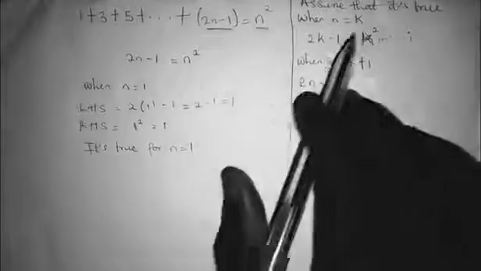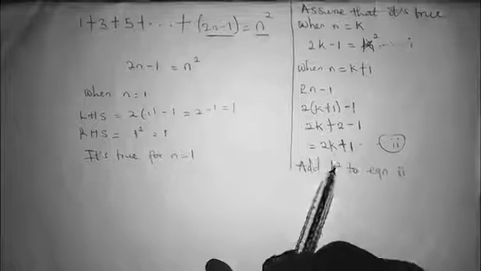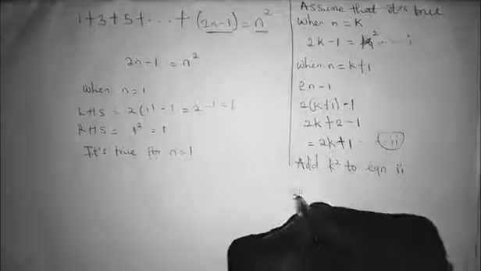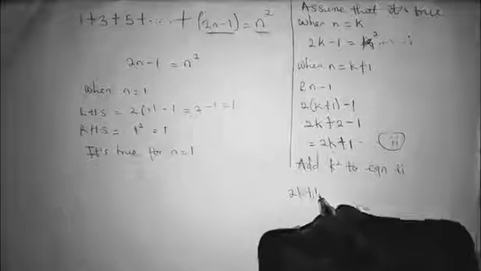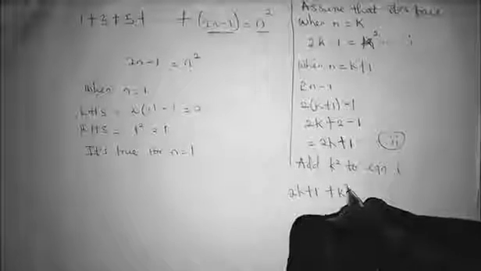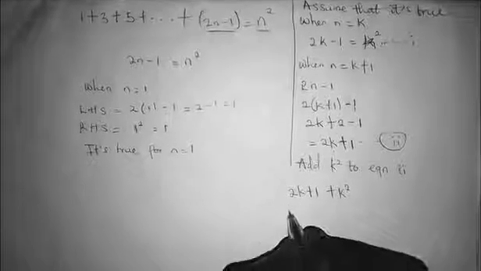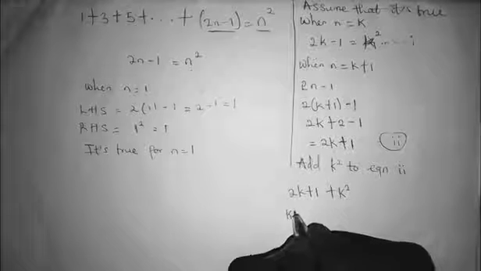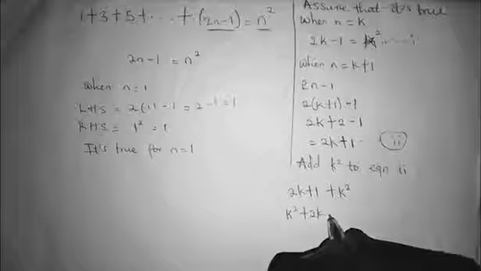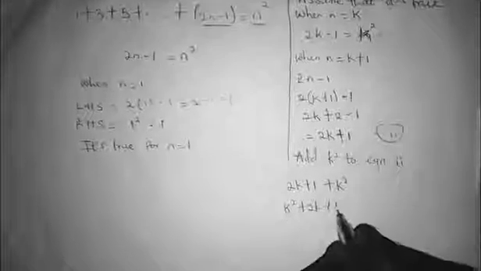I add k squared to equation 2, so that will give me 2k plus 1 plus k squared. Rearranging it, we have k squared plus 2k plus 1.